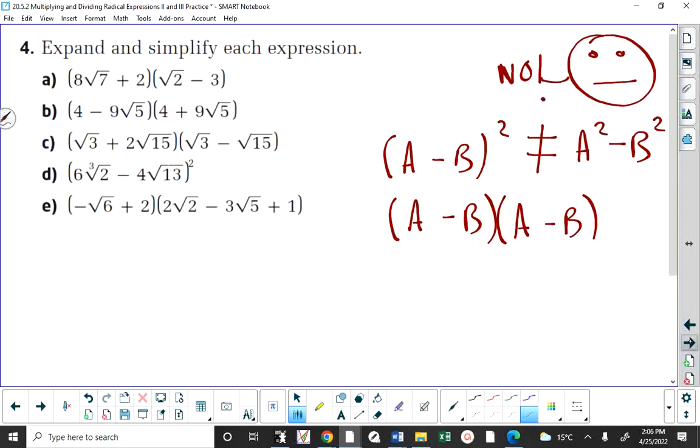You cannot just square both pieces. You can do that if you're multiplying A and B, but not if you're adding or subtracting.